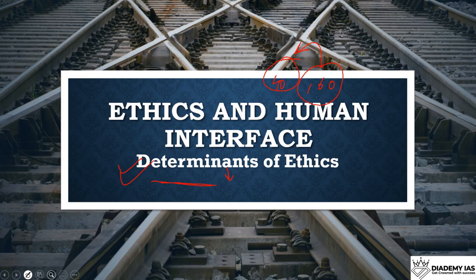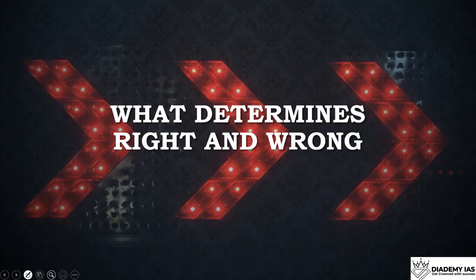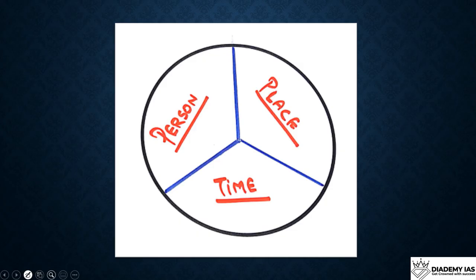What are the factors that lead to the formation of ethics? So basically, we shall see what determines right and wrong. Ethics is all about determining right and wrong. So these are the three major things which overall determine ethics: a person, the place, the time.